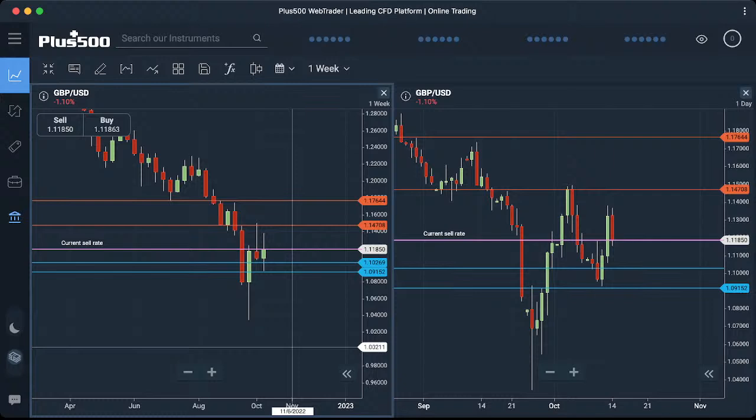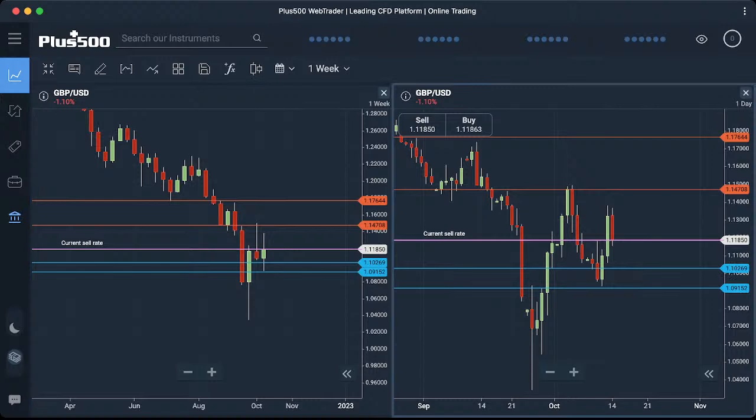I think it's achievable by this week, but the first one we definitely want by this week at 1.14700. So don't forget that our weekly target for pound dollar, the first one is going to be at 1.14700 and the second one at 1.17600. Now, based on these highlighted targets, let's go to the right side and see the daily chart.